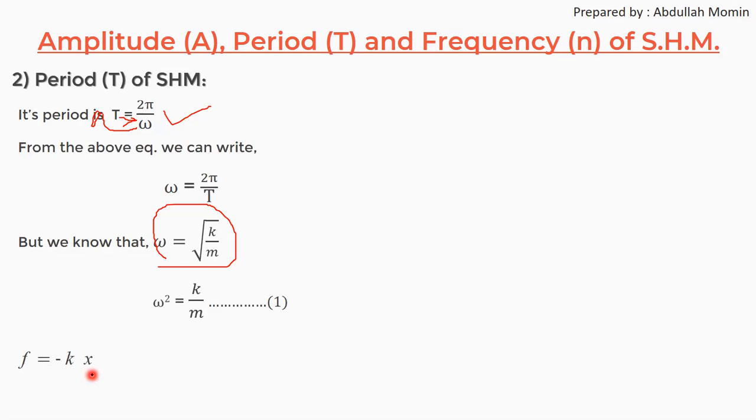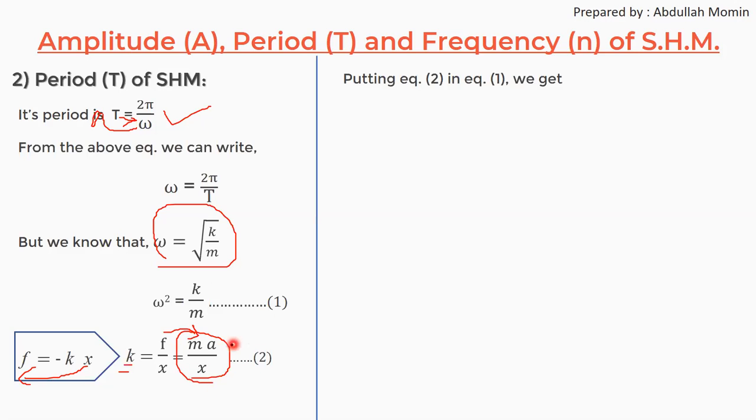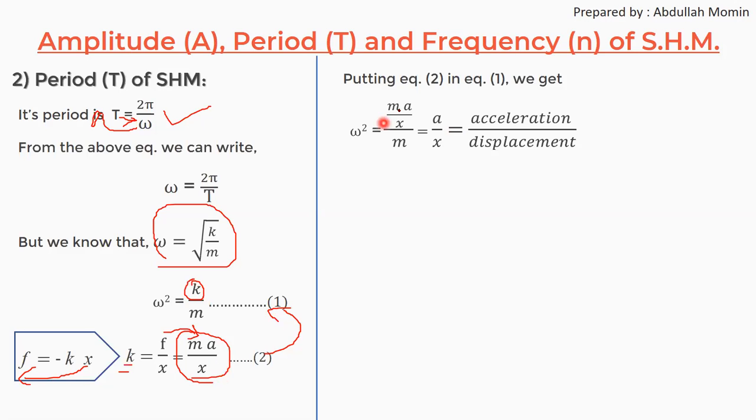We know that the restoring force is F = −kx. So x goes to the other side of this equation, and we write k = F/x, or F is mass into acceleration, that is m·a/x. So k can be written as ma/x. Putting equation 2 in equation 1, k is ma/x.